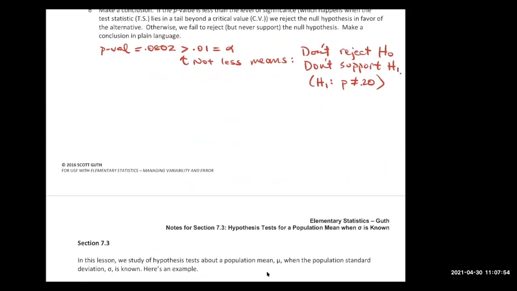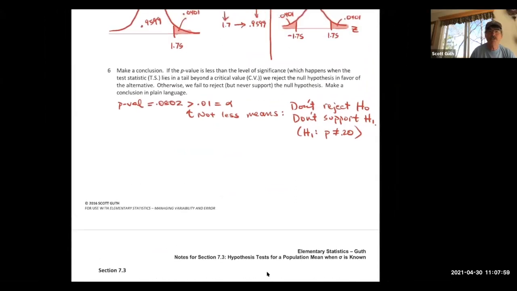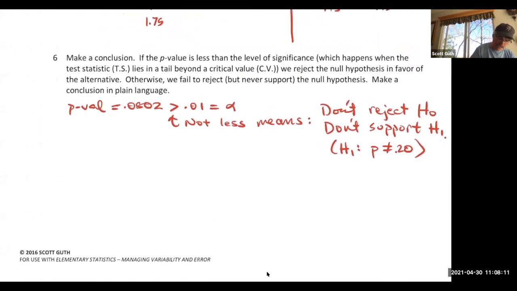Yeah. Basically, the p-value is the same as alpha, right? No, the p-value is the probability, and the alpha is the requirement for the probability to be statistically significant. Alpha is the level of significance. 1% or less is significant. It's just a rule. The p-value is what you actually got. We got an 8% chance of getting something that extreme.